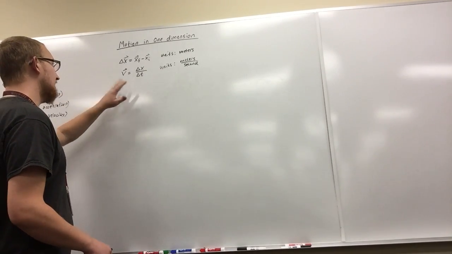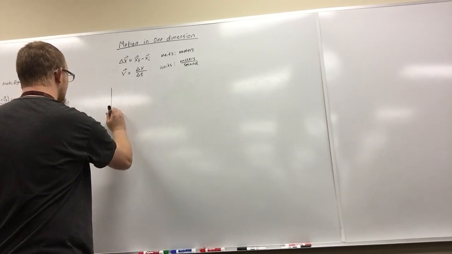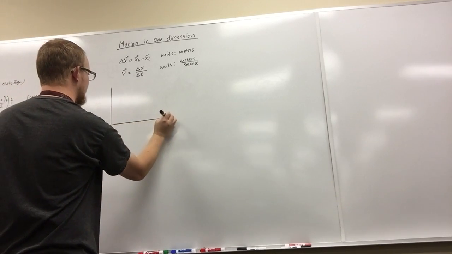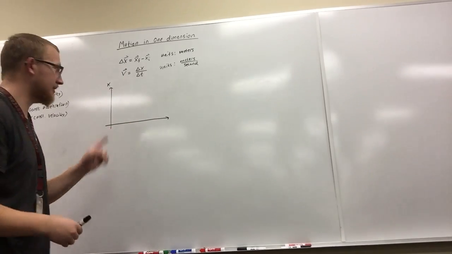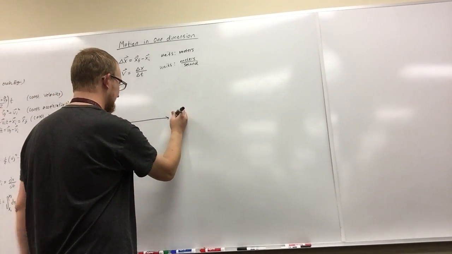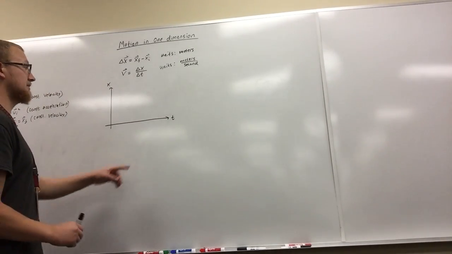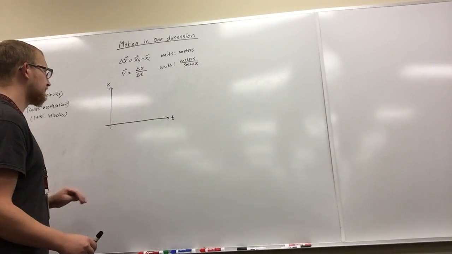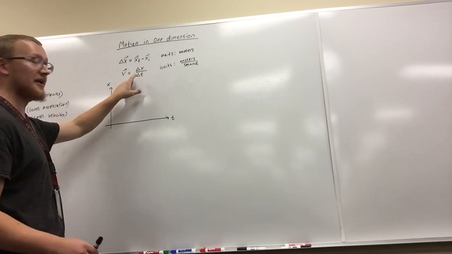And so velocity, for example, let's go ahead and draw a two-axis plot here. The y-axis will be the x dimension, and the x-axis will be the time direction. So as time goes forward, how much are we moving?